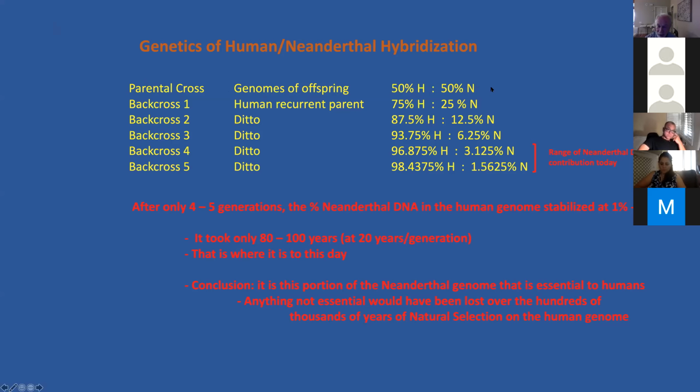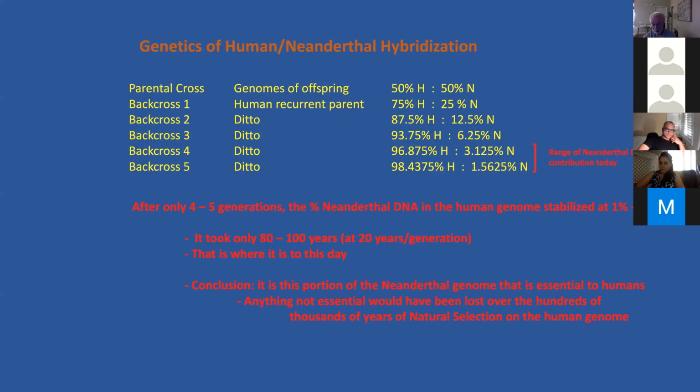Now, such a child, when he or she grew up, could have mated with another Neanderthal, or could have mated with a human. Those who chose to mate with Neanderthals, and if they continued to do that, became extinct along with the Neanderthals.